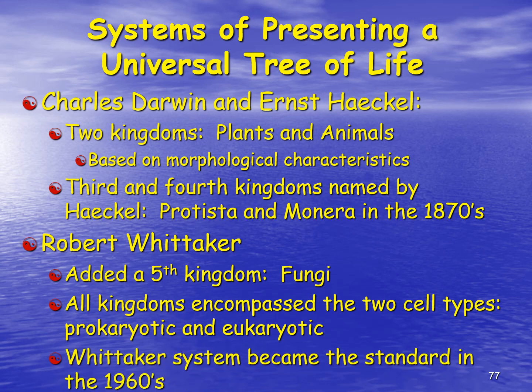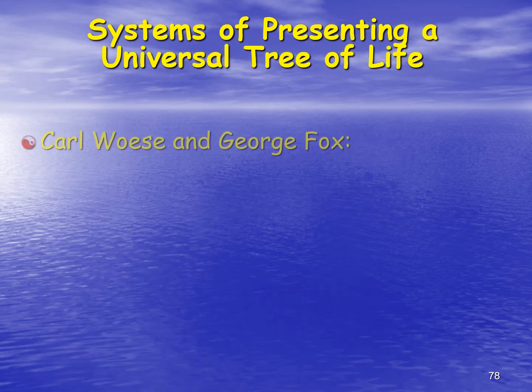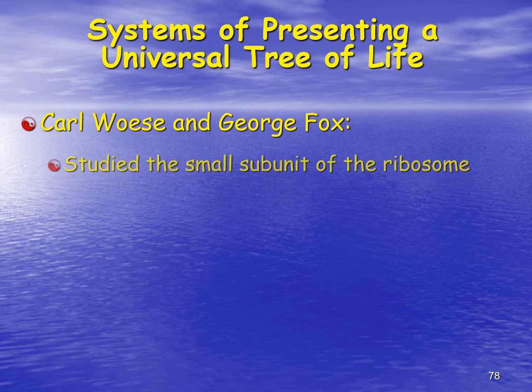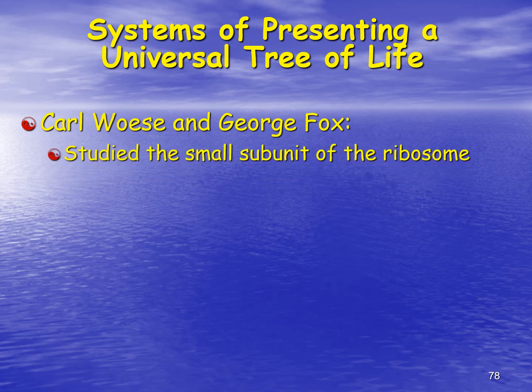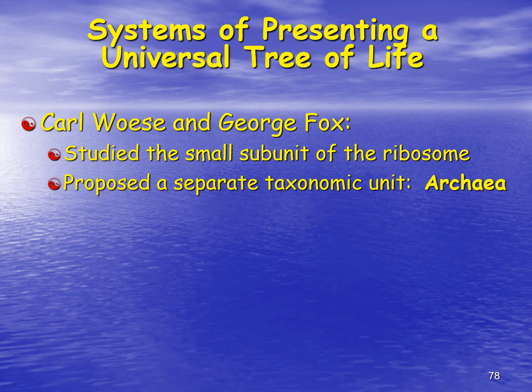Whittaker's system became standard in the 1960s, but Carl Woese and George Fox came along in 1978 and studied the small subunit of the ribosomes in the archaea and the bacteria and realized that there were differences. And so they proposed a separate taxonomic unit known as the archaea.